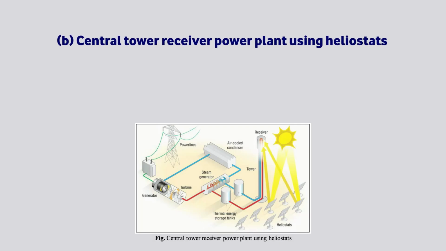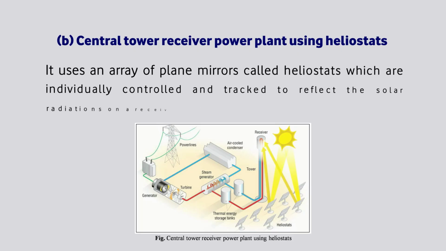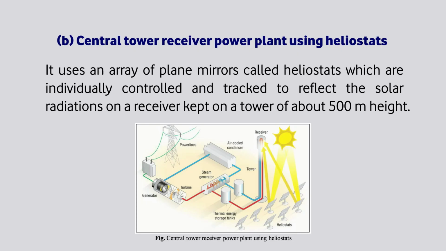Now we will discuss the central tower receiver power plant using heliostat. Such a plant uses a central tower receiver. It uses an array of plane mirrors called heliostats, which are individually controlled and tracked to reflect the solar radiation on a receiver kept on a tower of about 500 meter height.